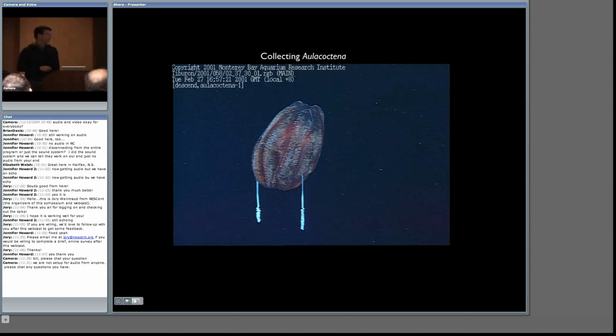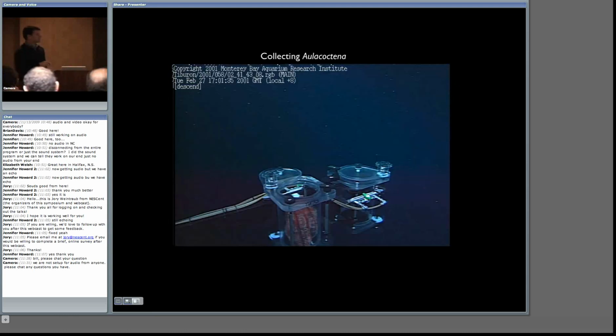We can also do almost underwater surgery in a way. This is a comb jelly, which I'll tell you more about in detail, but it's about the size of a football, and it's one of the groups of organisms that I particularly work on. And so I wanted a DNA sample from this, and so we put it into the sampler, and I sort of saw how big it is.